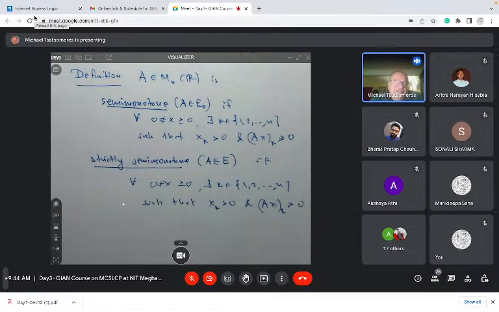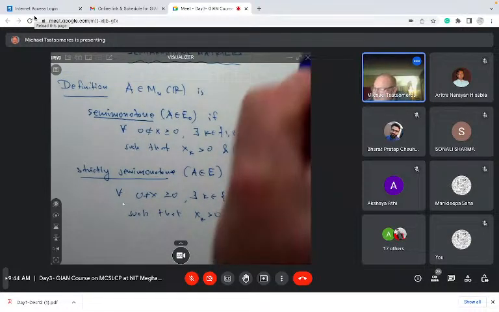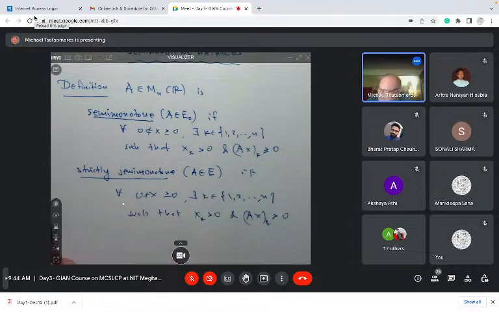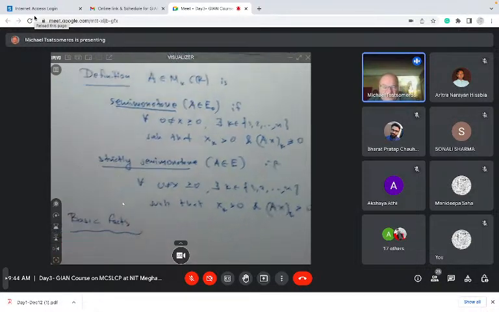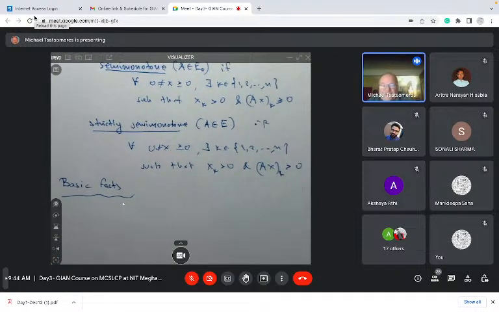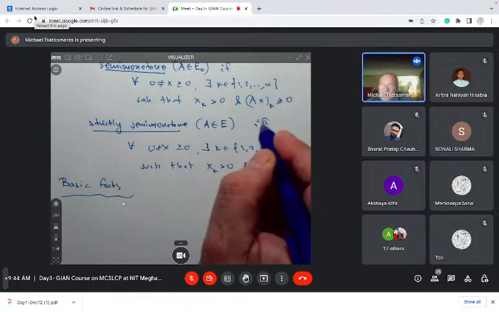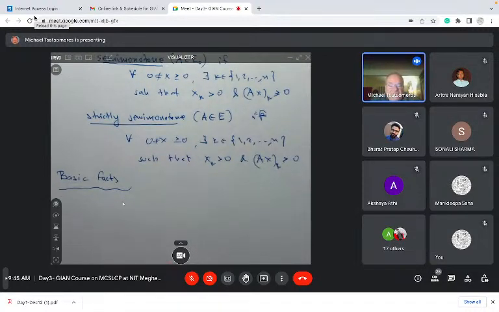There are some characterizations that I will mention, but they don't lend themselves to looking at the matrix and quickly deciding whether it's semi-monotone or not. So let's cover some basic facts, and this will become apparent. This is a class of matrices for which there's lots of room for new ideas and research.